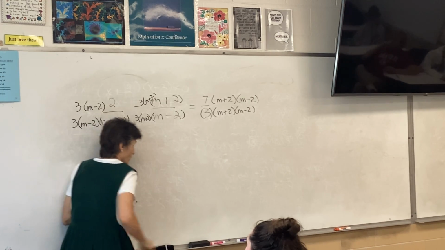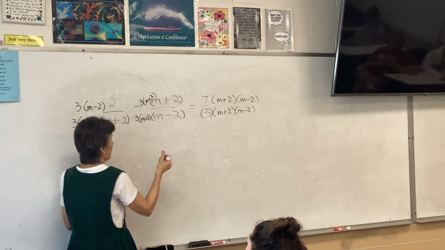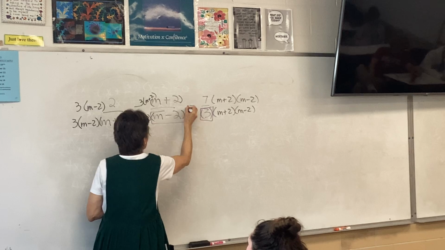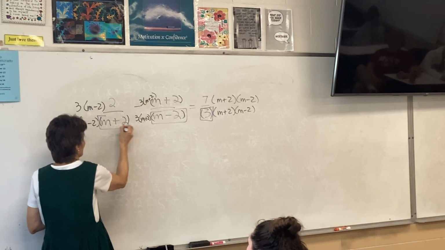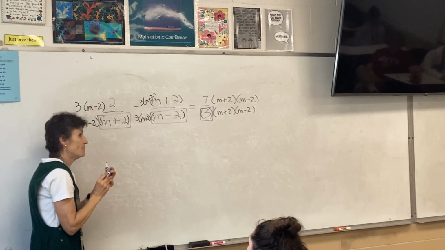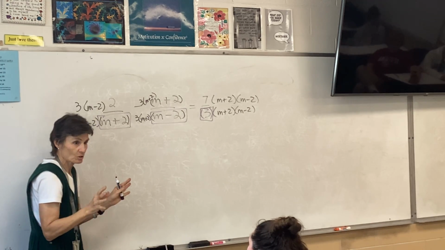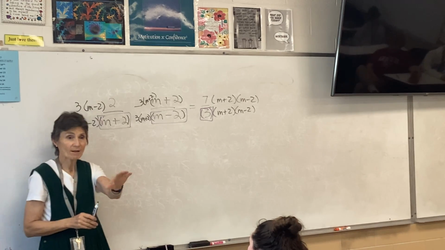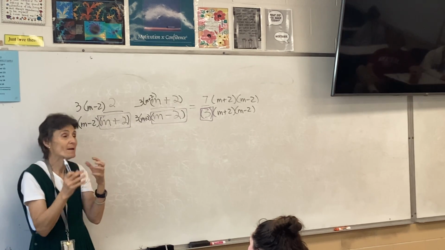I should have done it in different colors, but this was an original denominator, this was an original denominator, and this was an original denominator, right? Those were my originals. They don't match. None of them match. They're all different from each other. They cannot be made to match. I think that's what Scout's trying to do, make them match.